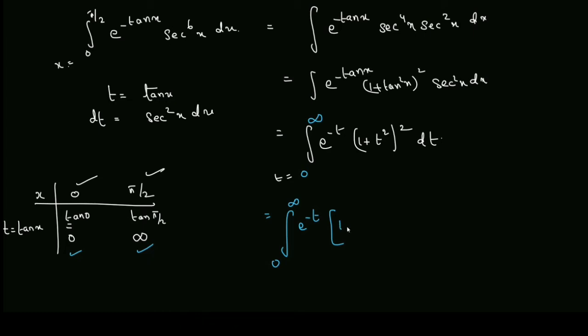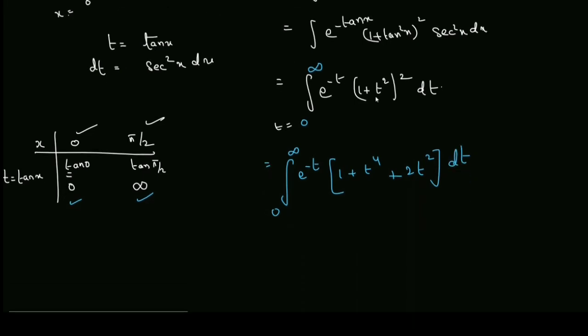Expand this now: 1 plus t power 4 plus 2t square into dt. This is a plus b the whole square, a square plus b square plus 2ab.